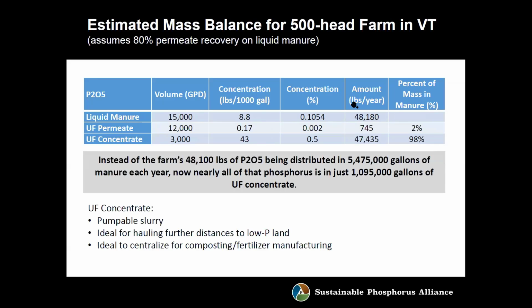So that farm has almost 50,000 pounds per year of phosphorus in their manure. We are able to concentrate that, instead of it being in about 5.5 million gallons of manure at the end of the year, now it's in just 1 million gallons of manure. And that's the high solid slurry that we can either help that farmer use more precisely and at fields where it's more cost effective, or we can transport that to the hub where we can help make a high phosphorus compost product, maybe other fertilizer products.